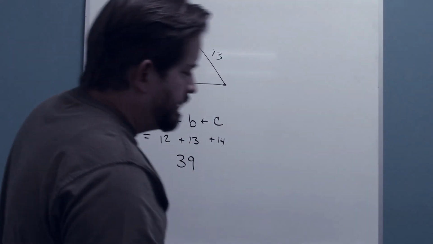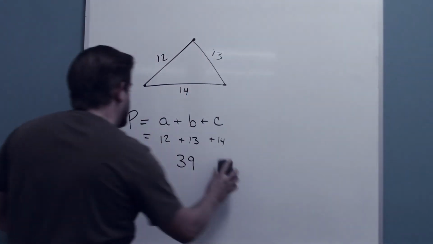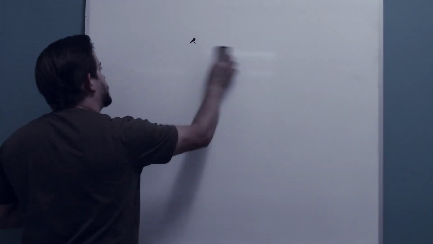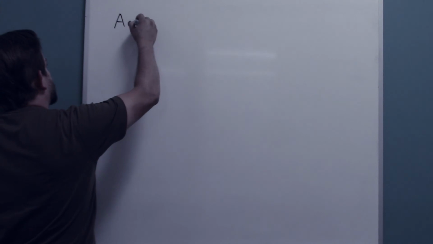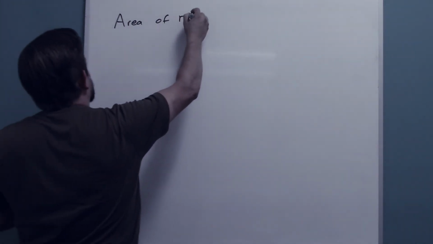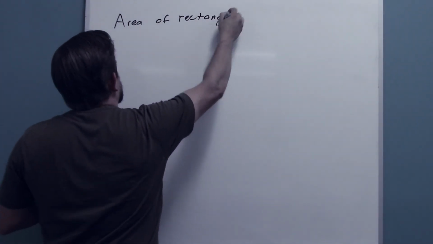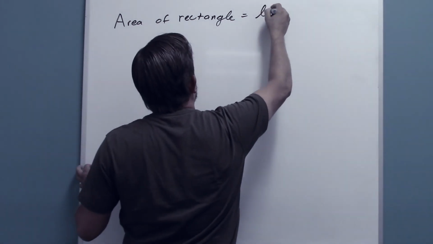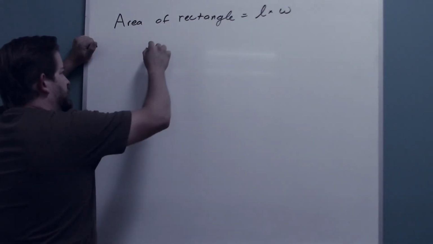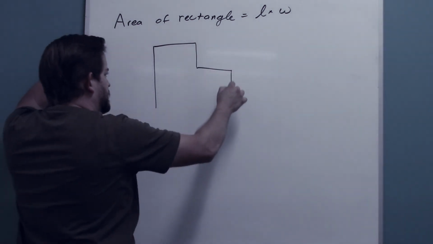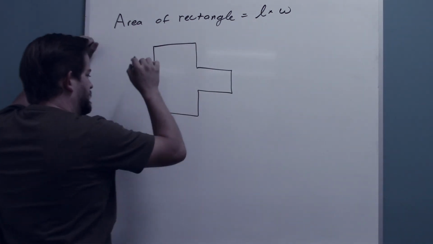Okay. Now we know that the area of a rectangle was the length times the width. But if we have some funky weird shapes, right?